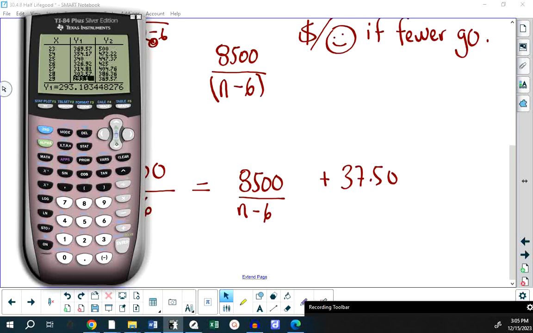I'm looking for something that is $37.50 apart. Like, well, they're almost equal. No, they're not. We're getting really close. Are they getting further apart now? They are getting further apart.